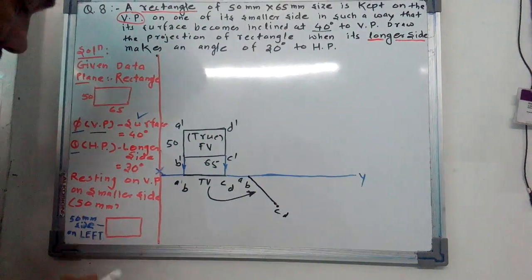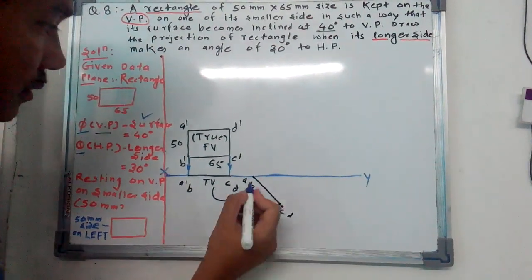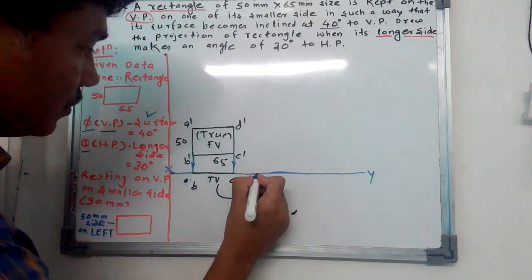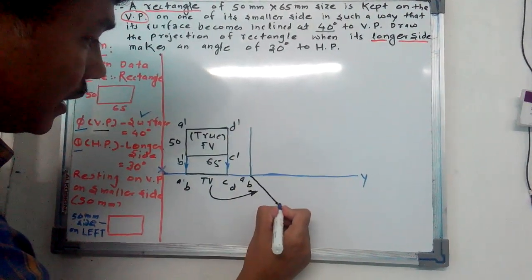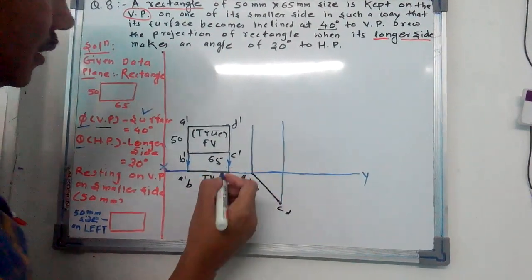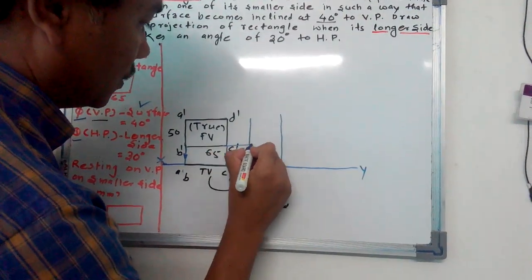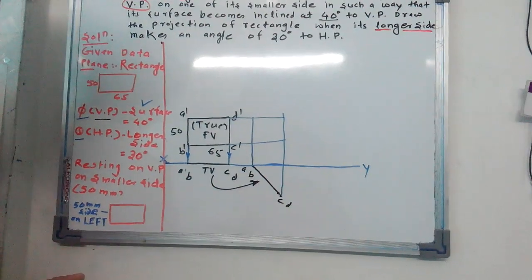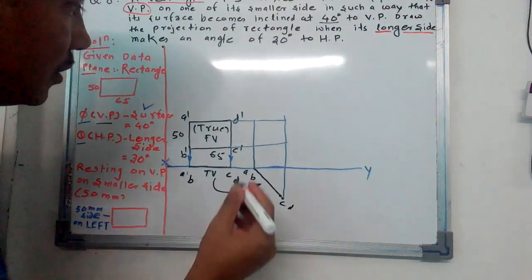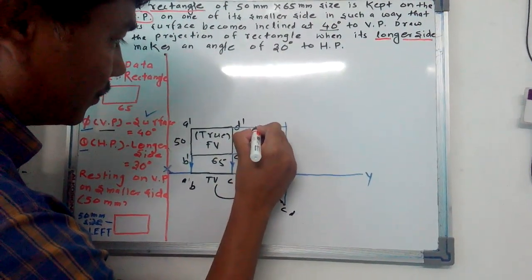Then you get completed front view in second stage considering line inclined to VP first.